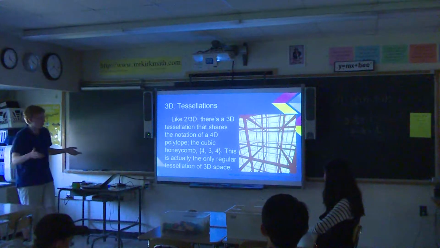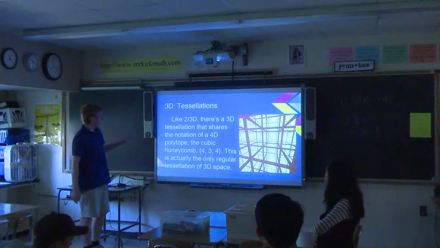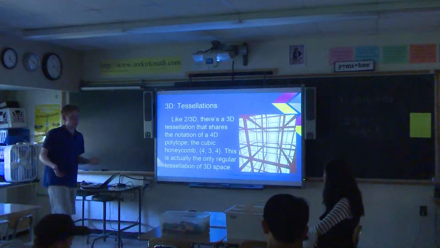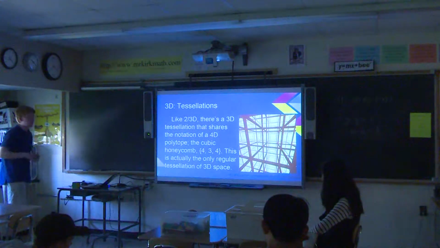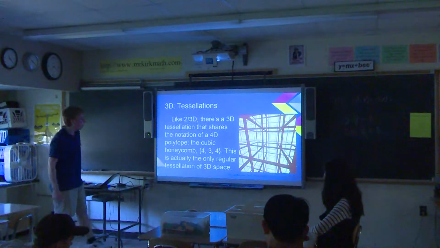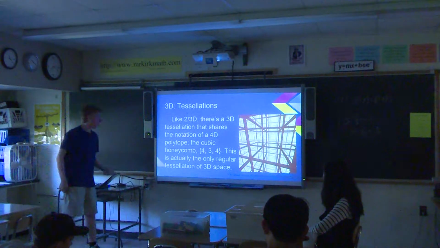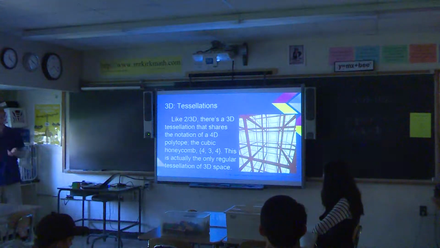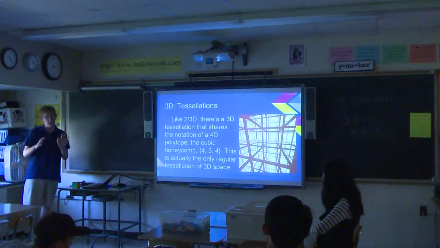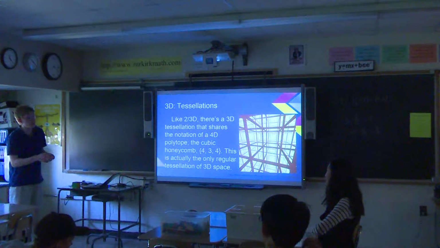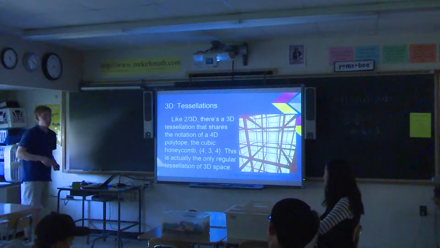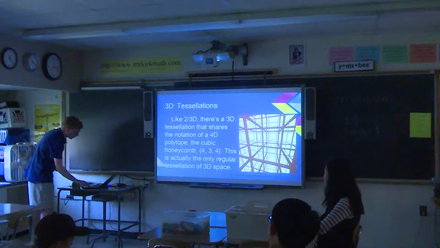And so you can also do tessellations. Like in 2D and 3D, there's a 3D tessellation that shares the same notation as 4-dimensional polychora. In this case, that's the cubic honeycomb, shown there. It's got Schlafli symbol 4, 3, 4. And this is actually the only regular tessellation of 3D space. And in general, in n dimensions, what are called the tesseractic tessellations, which are tessellations of cube analogs, are the only tessellation that exists in n-dimensional space.